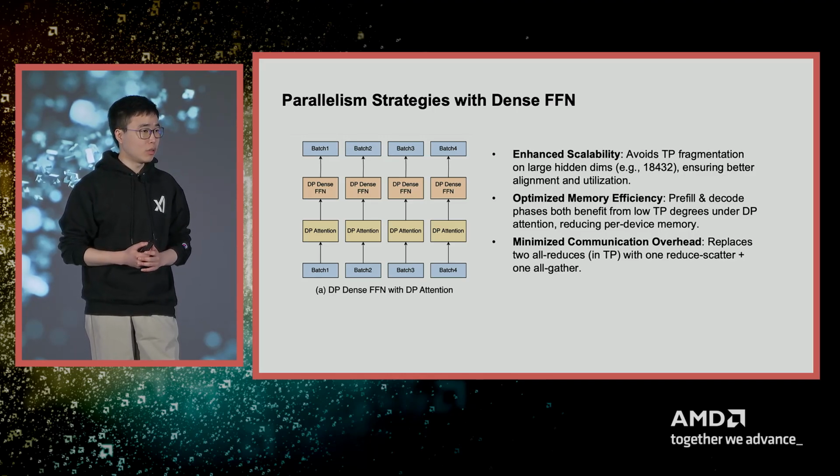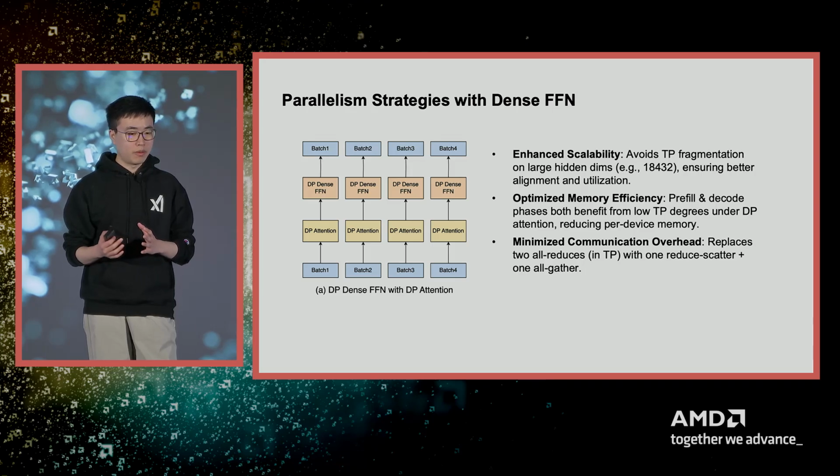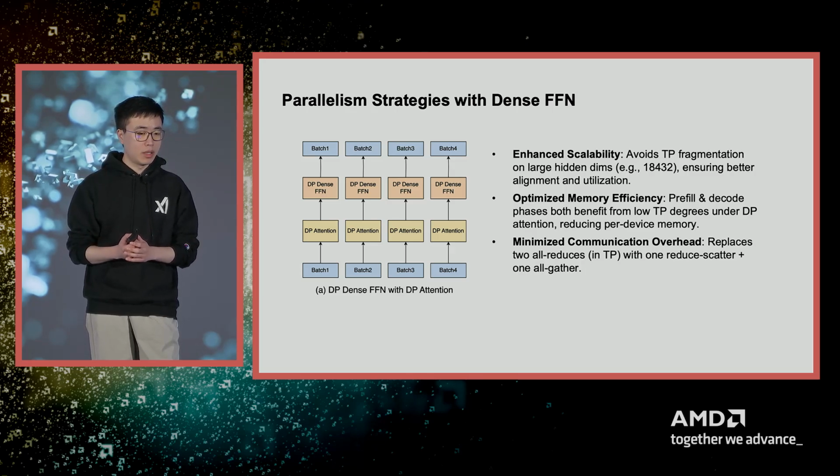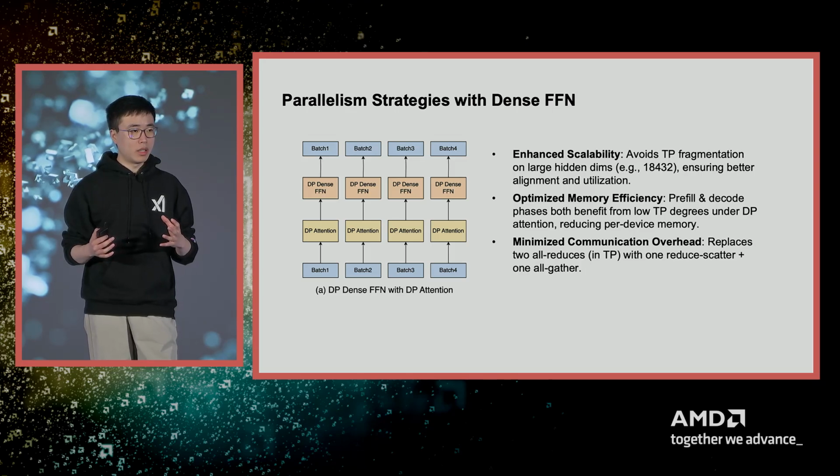The conventional way is to use tensor parallelism, but we use data parallelism here because for these 3 small layers, we find data parallelism actually performs better for several reasons. We can avoid the fragmentation from tensor parallelism splitting on a large hidden dimension. Also, for tensor parallelism, you need to aggregate or reduce the activation from all the different GPUs, which creates a huge intermediate buffer.